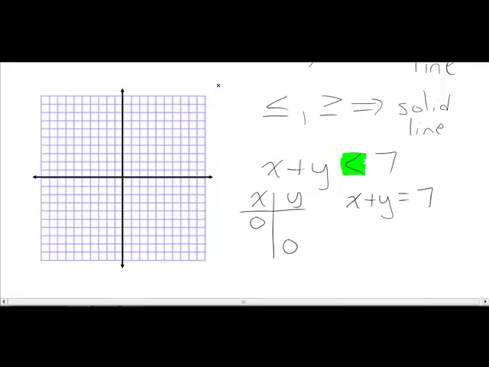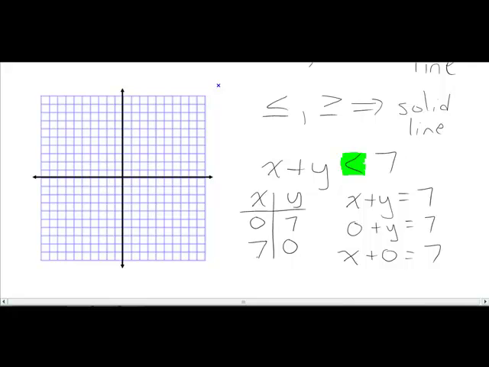We're trying to graph the line first, and then we'll deal with the inequality. So if I plug in x equals 0, that's 0 plus y equals 7, so obviously y has to be 7. And likewise, if I plug in 0 for y, that's x plus 0 equals 7, so in that case, x has to be 7.